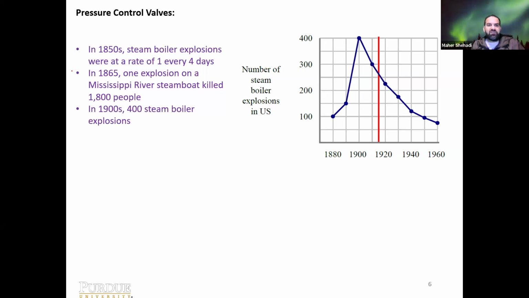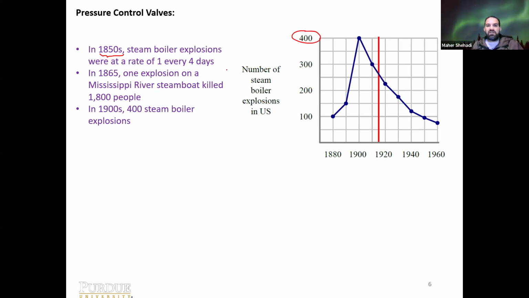Back in the 1850s, I don't know what they used before that. Did they have any kind of safety or not? Maybe they were happy about moving boats, but they didn't care, or they didn't have enough technology to add it, or they didn't see the need for it. Anyway, they would have some explosions here and there, but almost in 1900, maybe before or after, they reached almost 400 explosions.